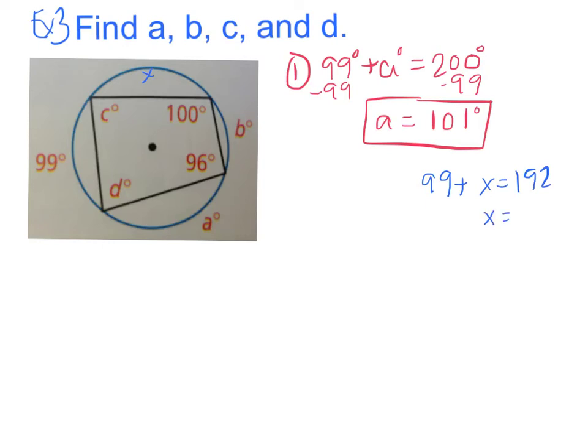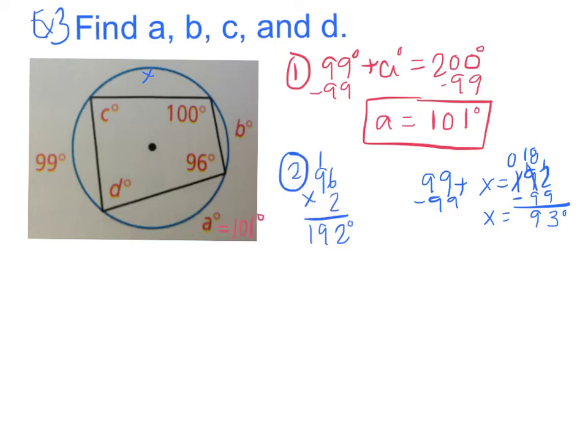So again, I'm going to subtract 99 from both sides. And let's see what we get here. I'm going to borrow from here all the way through. So I have a 3 and I have a 93 degrees. Okay, let's clear my screen now. So now I know that this arc up here equals 93 degrees.